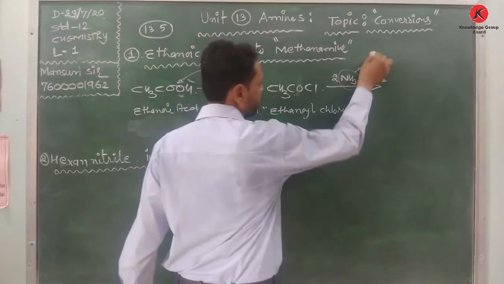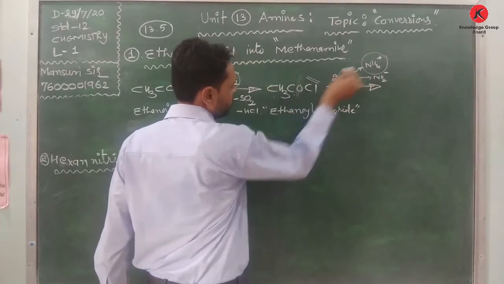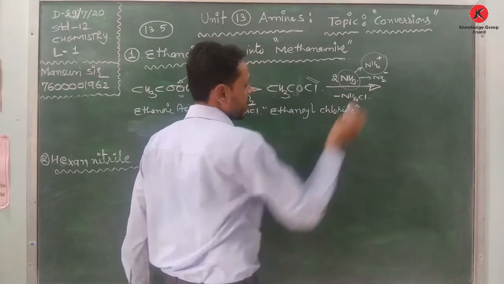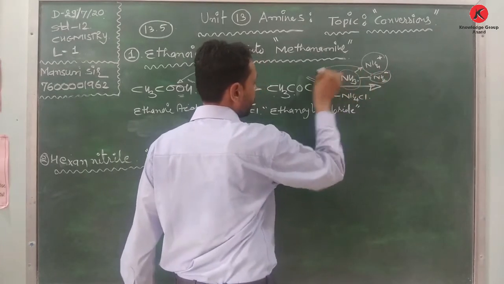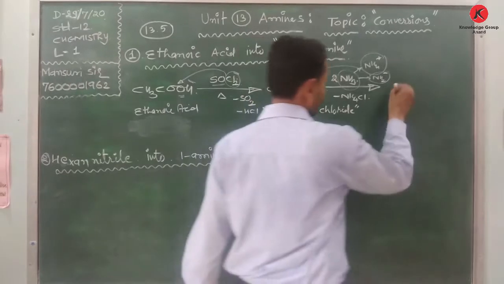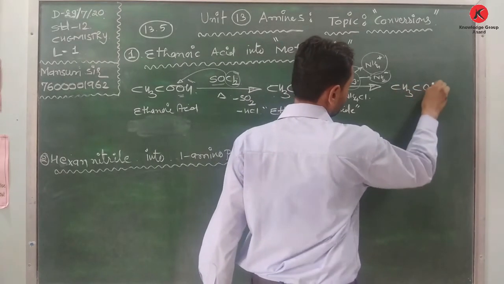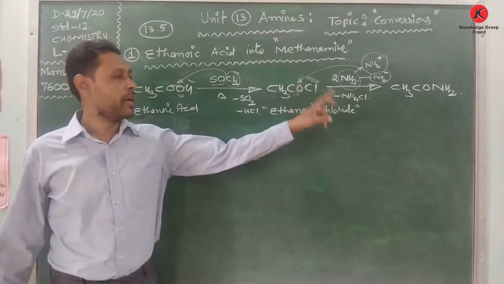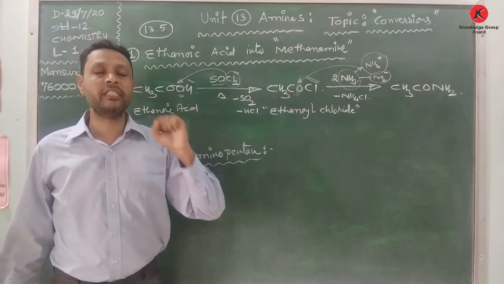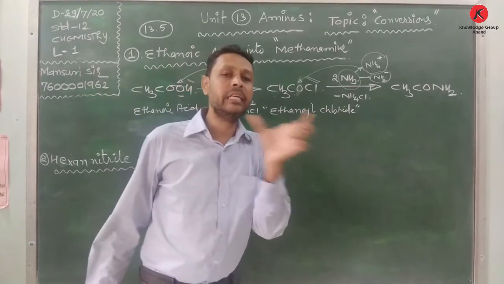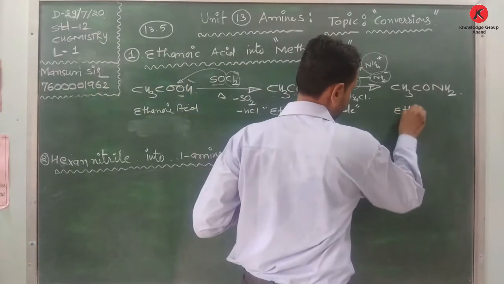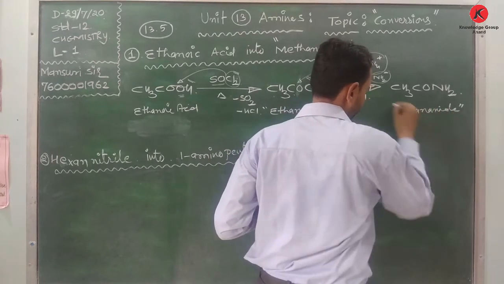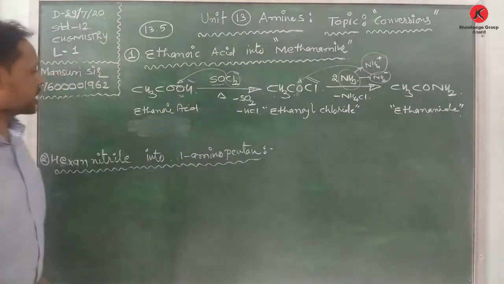So NH4 will combine with Cl, so NH4Cl will be removed, and now NH2 goes toward this CO. So CH3CONH2 is formed. This is my amide group and two carbons. So two carbons is named ethane and amide, ethanamide. So this is the name, ethanamide.